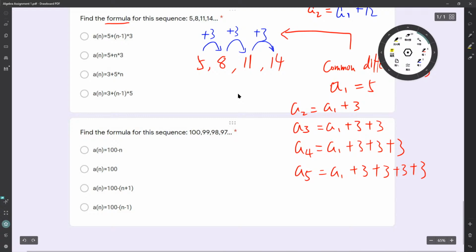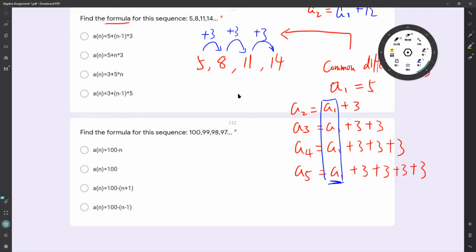If you observe, you'll see here the A1 never changed. The A1 is always there. What is changing is the number of the term and how many times we add up the 3. The second term, we add 3 once. Let me rewrite this part. 3 plus 3, I will rewrite as 2 times 3 because I add 3 two times. 3 plus 3 plus 3, I rewrite as 3 times 3.